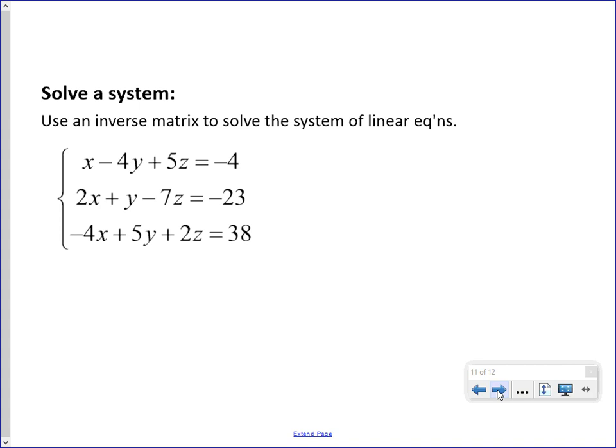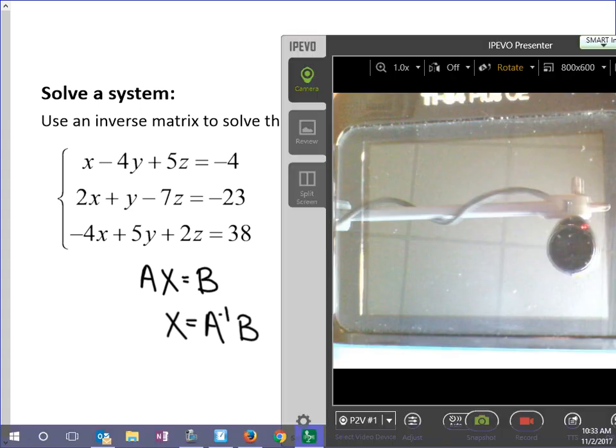So in this one, remember that you would take matrix A times matrix X equals matrix B. And your solution would be X equals the inverse of matrix A times B. So what I would do in my calculator is type in my coefficient matrix, type in my constant matrix, and then call for the inverse of matrix A times B. So I'll just show you really quickly.